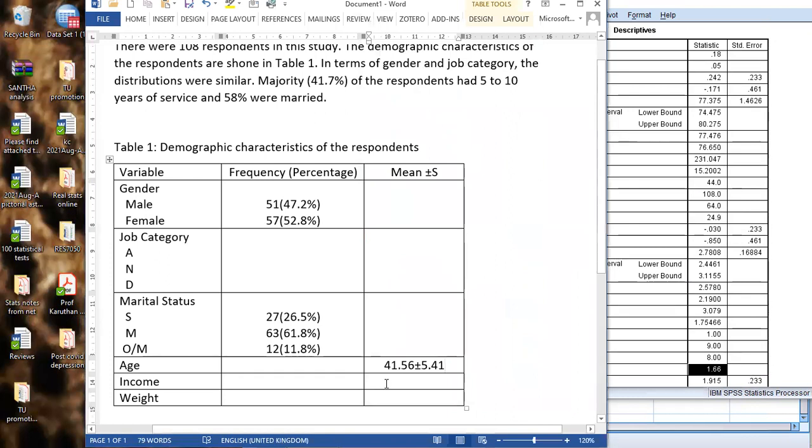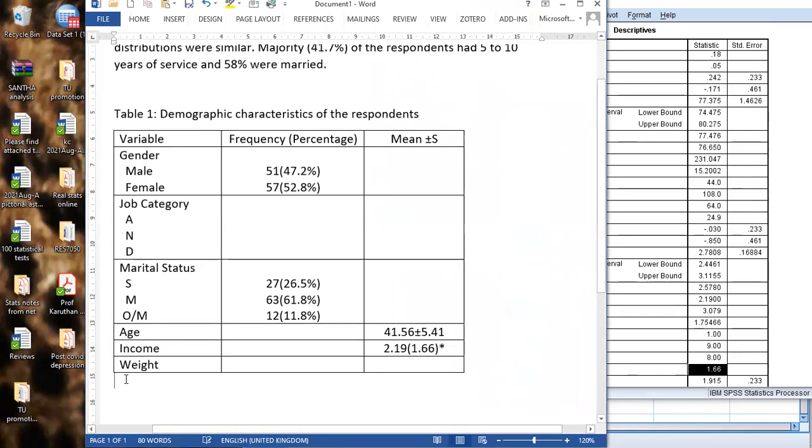So 2.19 bracket 1.66. Put an asterisk sign and a footnote saying median and IQR, which is short form for interquartile range, just to differentiate that it's not mean. So when I see this, I know why you suddenly use median. It means perhaps income is not symmetrically distributed.